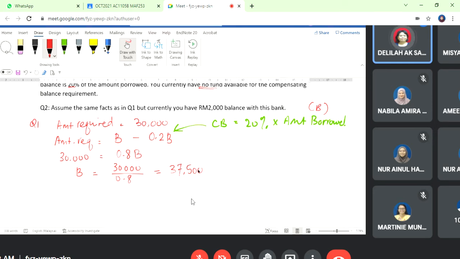So that means when you go to the bank and apply for a loan, you don't apply for 30,000. You apply for 37,500, because after the bank deducts this compensating balance, CB, you will receive only 30,000 from the bank.